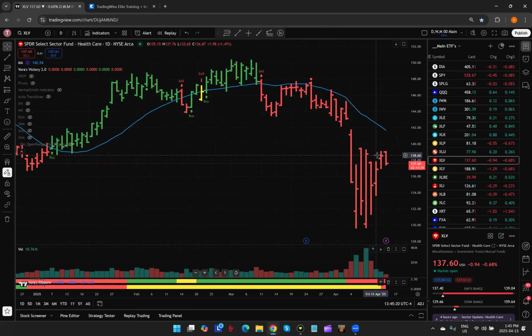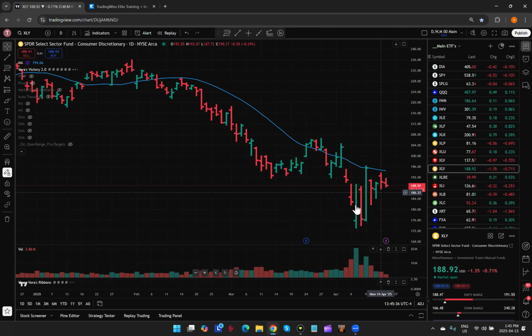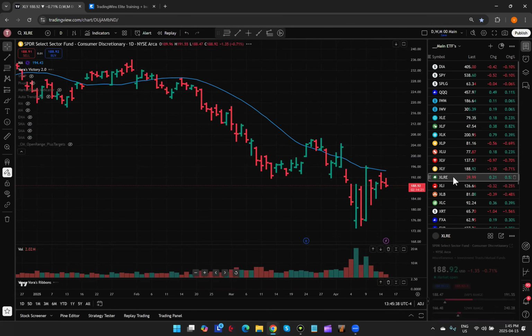XLV, the healthcare sector, well under the 20 here. Again, making a rally here, a push, but not all that strong, right? So looks a little weaker here as well. Consumer discretionaries also failing to get back above the 20 so far.